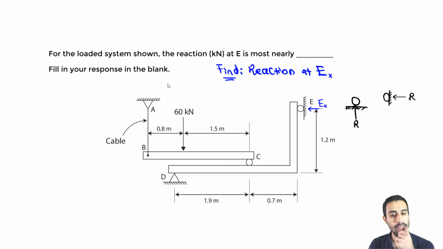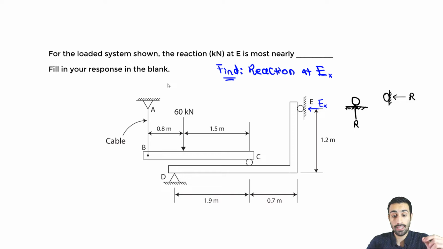And also at the same time, we have a reaction. This 60 kilonewtons hits this beam BC. Then we know the reaction at C must counteract that to maintain equilibrium. We're looking at equilibrium of rigid bodies, external equilibrium, not internal, just the external body equilibrium. So once again, this 60 kilonewtons is going to hit this beam. Then the roller has to supply a reaction force.